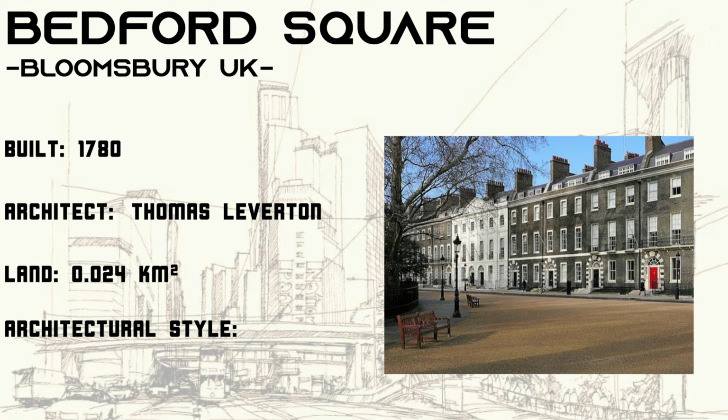Today, Bedford Square is no longer a residential area. Instead, it is home to businesses and cultural institutions such as Sotheby's, Architecture Associates, Paul Mellon Center, Yale University Press, and New College for Humanities.